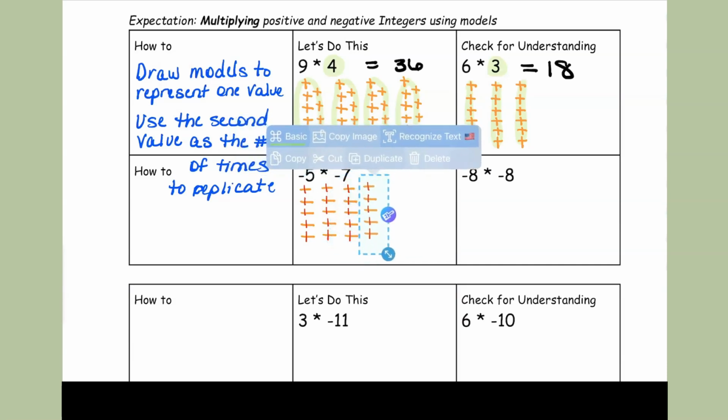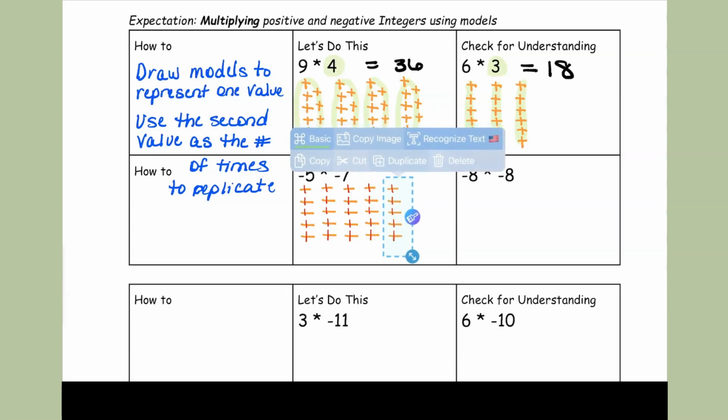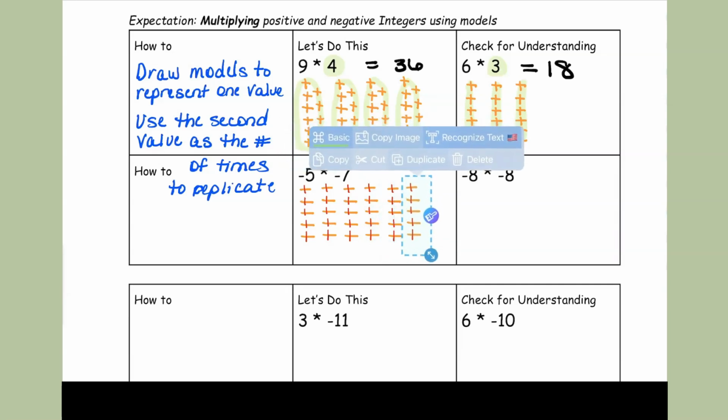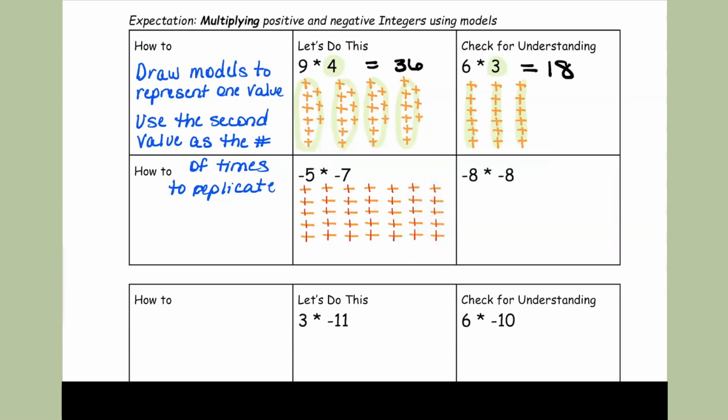After I've changed that -5 to a +5, then I can just duplicate this 7 times in total. So I would have -5 that's been changed to +5, and then I've shown that 7 times. So essentially here I have a negative times a negative, which is a positive. -5 times -7 is +35.